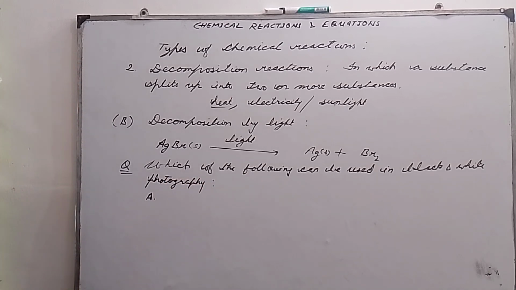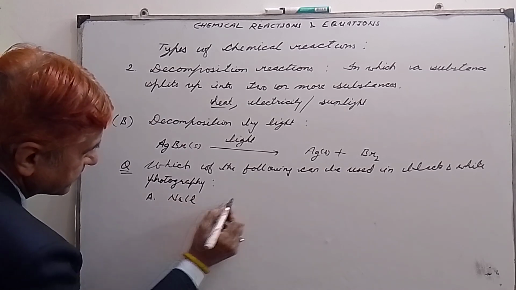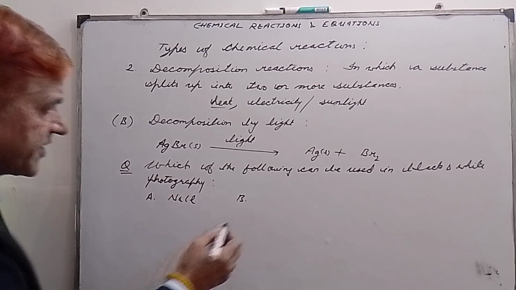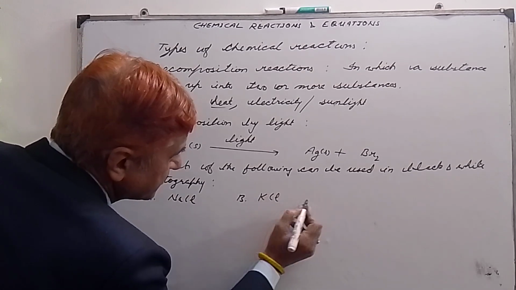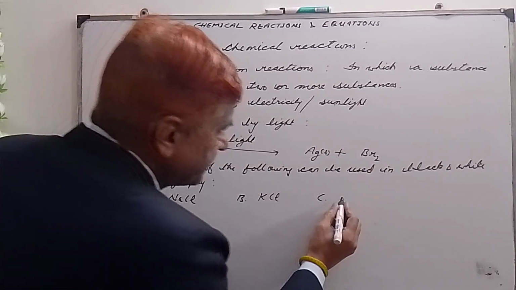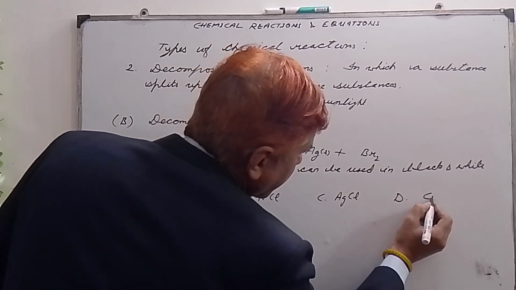A is sodium chloride, B is potassium chloride, C is silver chloride, D is copper chloride.